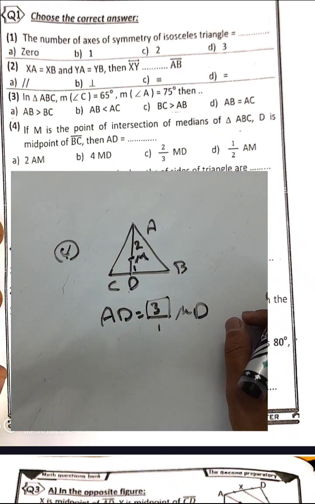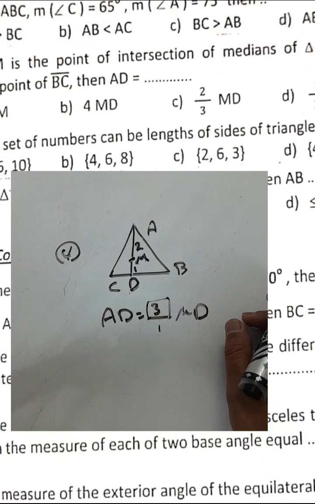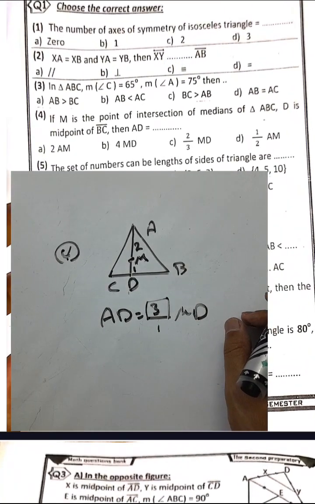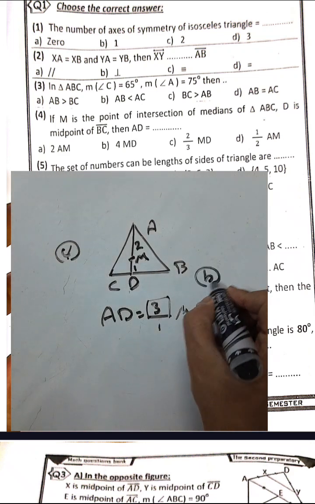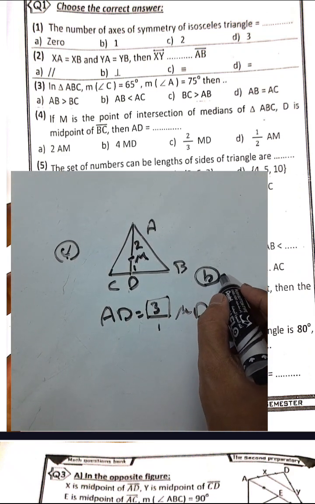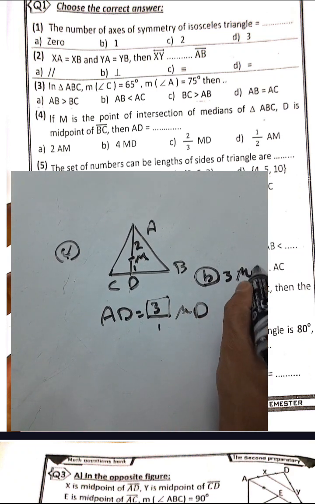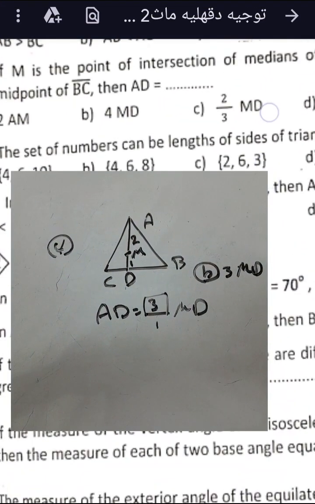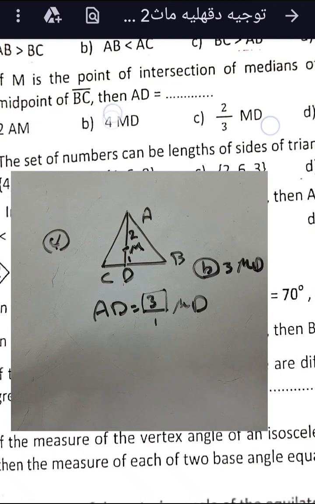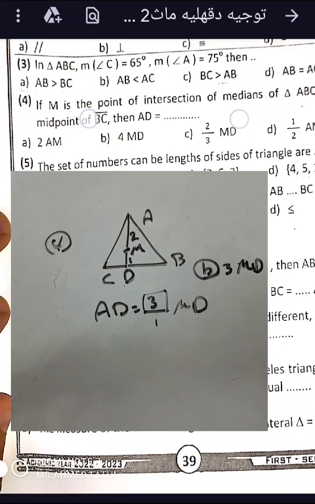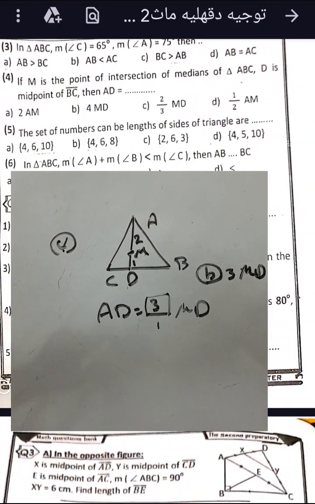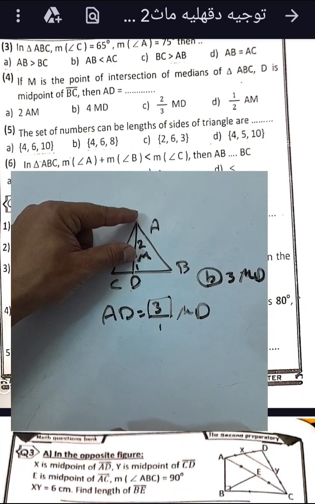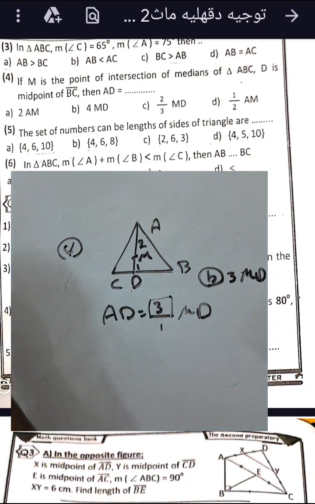Then you must change this digit 4 and write 3. The result will be letter B, but you must cancel number 4 and write 3 MD. This number was wrong, my students. You must cancel 4 here and write 3 times MD, because the median is divided into 2 parts to the vertex and 1 part to the base.